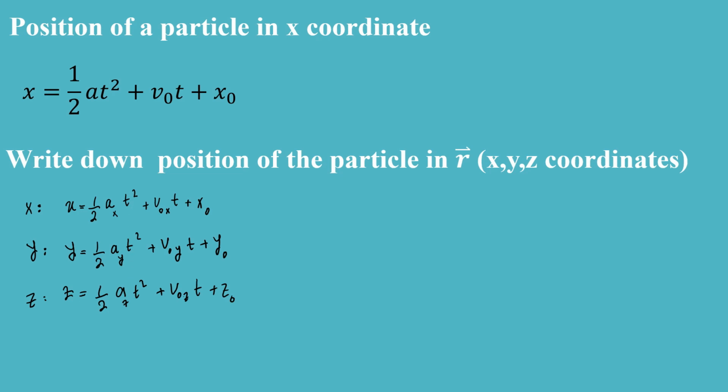And if you would like to make it simple, you can write it down like this. I'm going to write it down as R. Then it's going to be half of t squared times (a_x, a_y, a_z), plus t times (v naught x, v naught y, v naught z), plus (x naught, y naught, z naught).